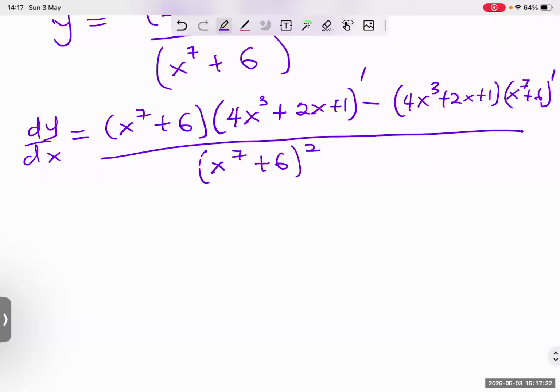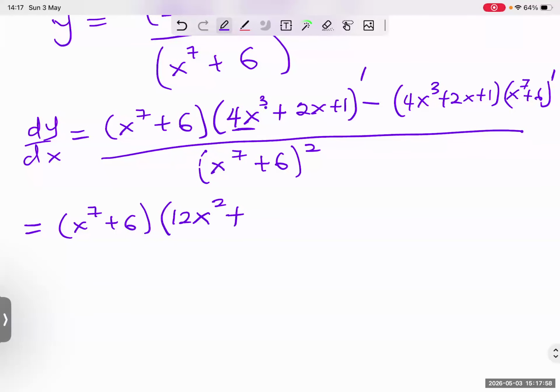Let's differentiate and simplify. So this is x to the power 7 plus 6 times, we are differentiating what is inside this bracket here. So 1 by 1, we differentiate this here, and that will be multiply the 3 by the 4, that will be 12x. Subtract 1 from the 3, 12x squared.